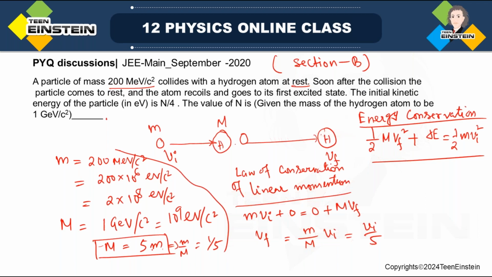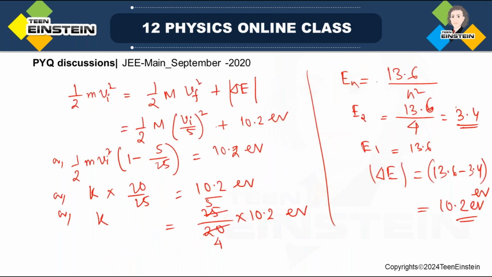Capital M is 5 into m, that is fine. Here, this is fine. Half mv squared, so I have brought this side, so there will be 5 m I have taken out. All right. 25, so 20 by, okay, all right, I think we are done.